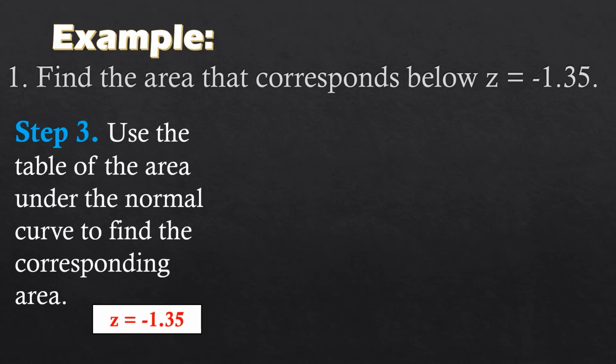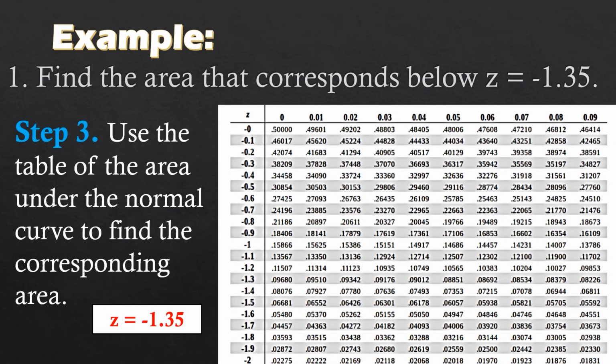For the third step, we need to use a table of area under the normal curve to find the corresponding area of z equals negative 1.35. So we have here the negative z table. We have negative 1.3 here, for the negative 1.3 row, and the value for the hundredths is 0.05.